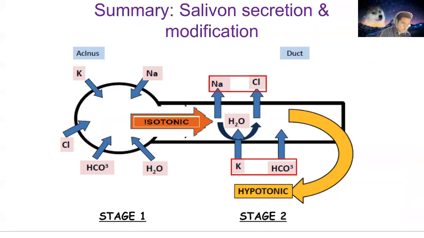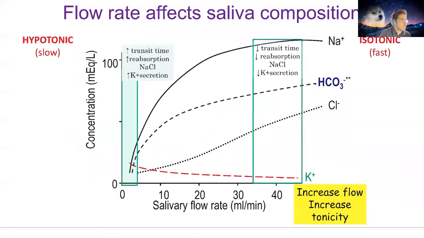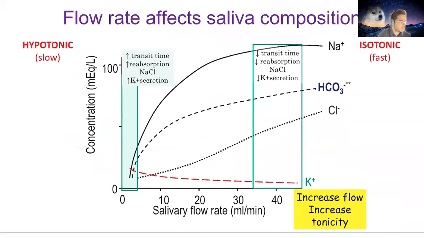If it's slower, it's going to become more hypotonic. So that's going to be important because when you're looking at this graph, which I believe they asked us one question about, is how the flow rate depends on the salivary composition, right? As I mentioned, if it's slow, it's going to be more hypotonic in nature because more of the NaCl can be essentially pushed out, leading to a more hypotonic state.